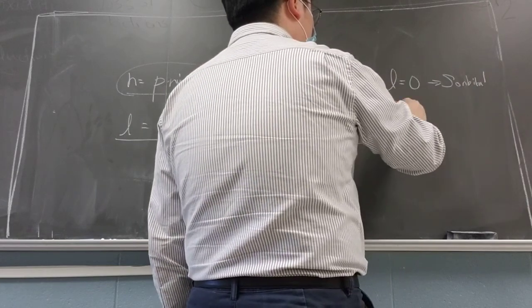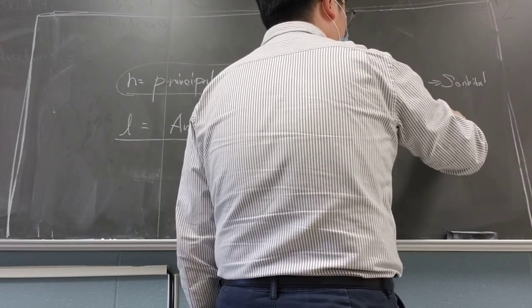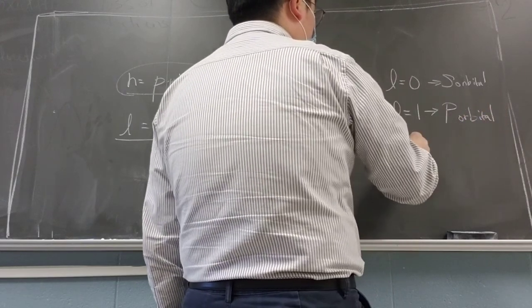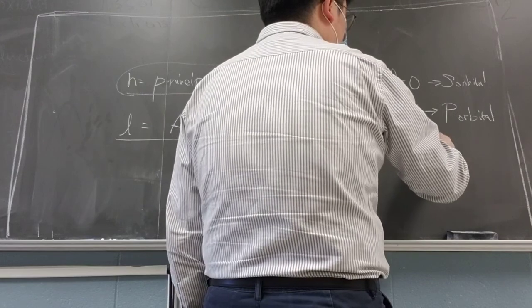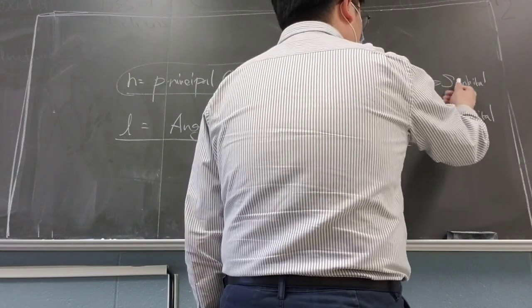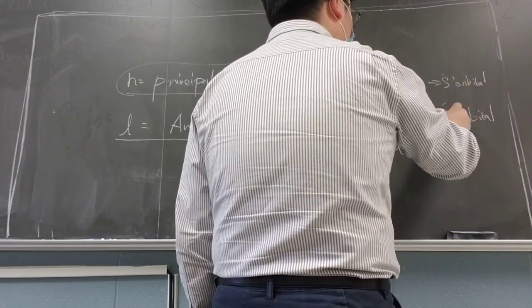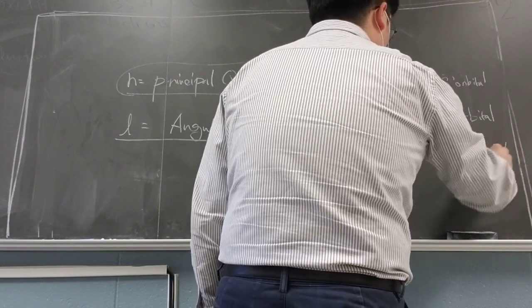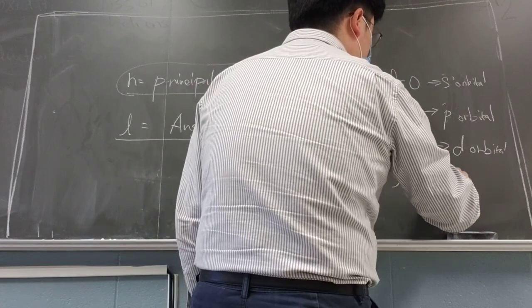If l is 1, that is the p orbital. If l is 2, it's the d orbital. And if l is 3, it's f orbital.